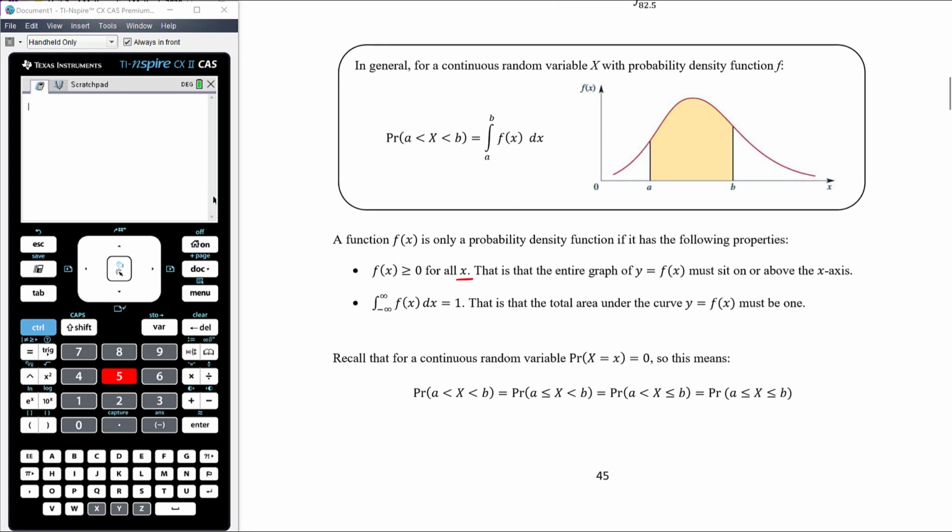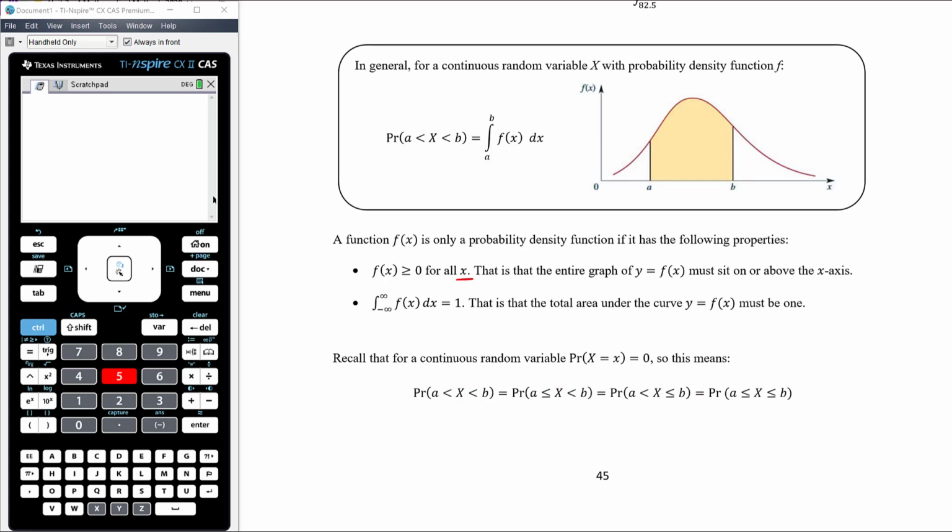The other thing to note is because for a continuous random variable, the probability that x equals a particular value is 0, it means we can sort of be a bit less precise, although we should accurately interpret worded questions. All these things say the same, okay? Probability that x is between a and b is the same as the probability that x is between a and b inclusive. It's the same as the probability of us including one of the ends but not the other one, okay?